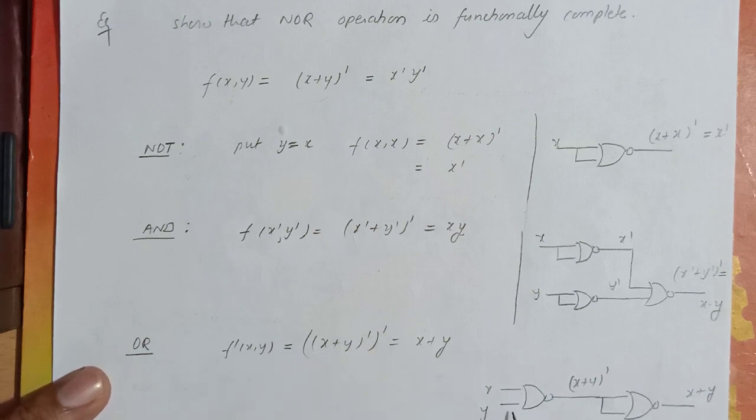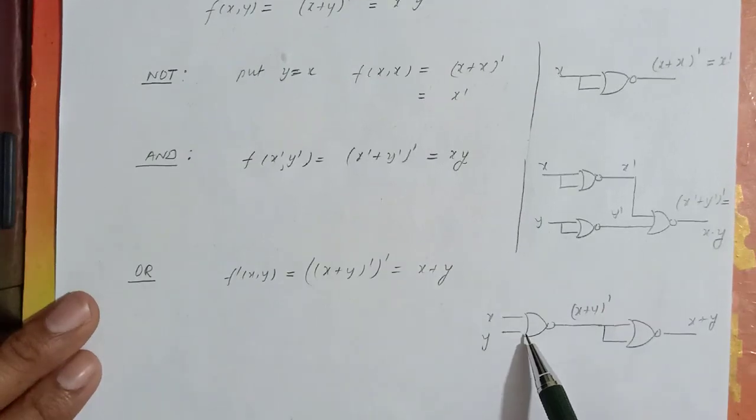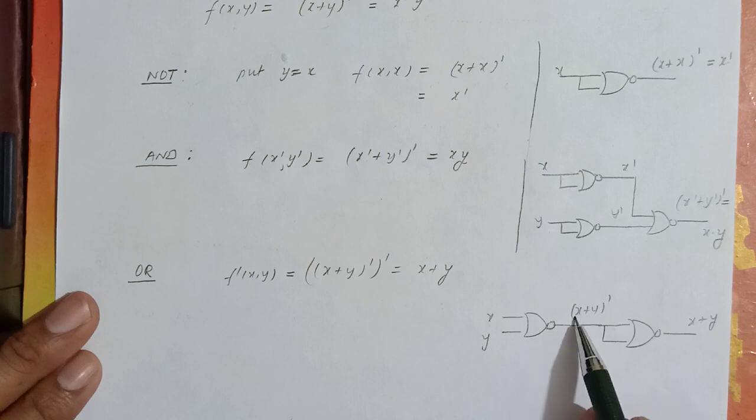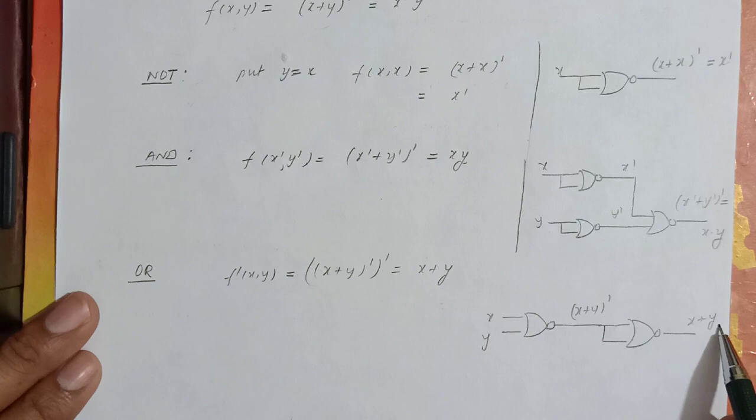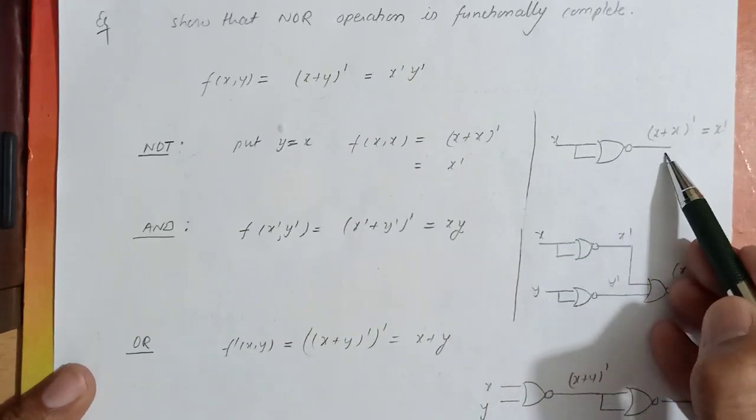So we will take two inputs and apply them to NOR operation, it will give this. And if we apply both inputs to the NOR operation, then it will complement this expression. So it will give x plus y. Likewise we have done here.